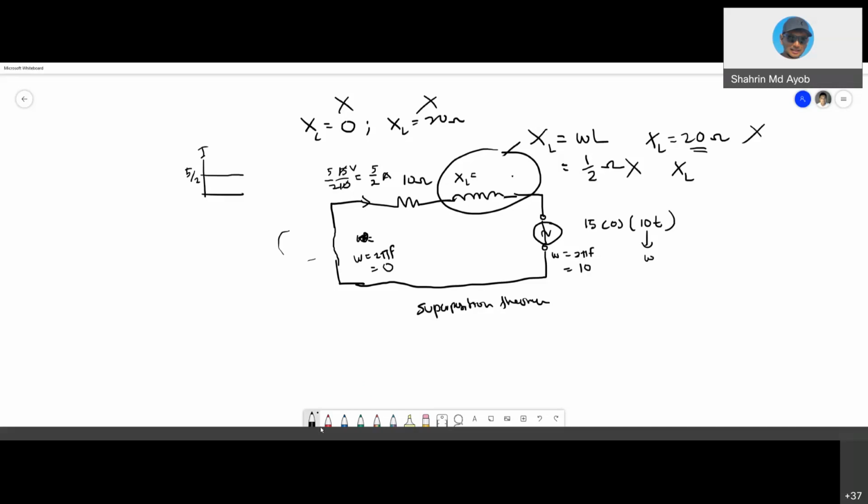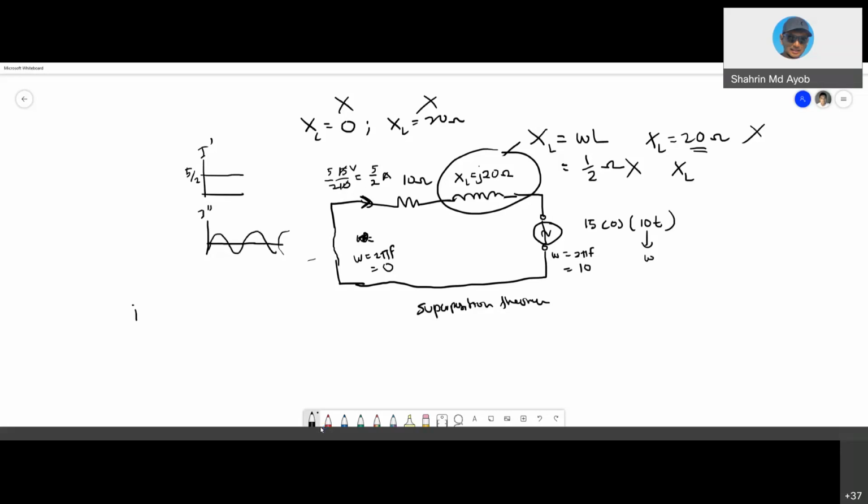So 10 multiplied with your 2 Henry, you will obtain 20 ohm. From here you will obtain the current. So this is I prime, and from the AC analysis you will have I double prime. This one is because of the second source. So maybe your current will be like this, AC.